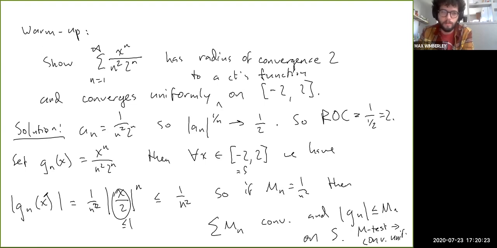So it's actually not too bad. Any questions about that? Okay, great. I thought it was a relatively straightforward exercise, just applying the M-test.